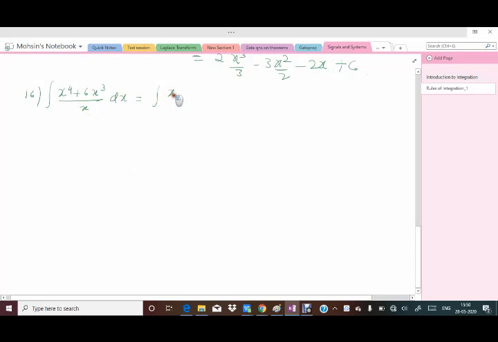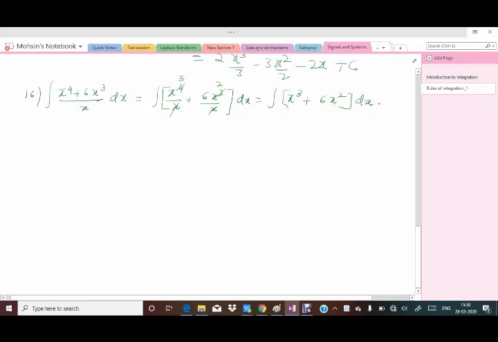So what you are going to get is x raised to 4 by x plus 6x cube by x into dx. So here this x will cancel one of the x, and here x will cancel one of the x. So what you are going to get is x cube plus 6x square dx.